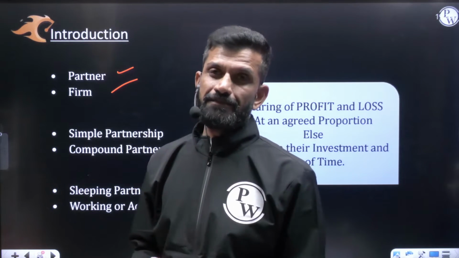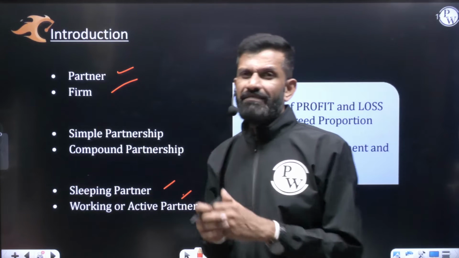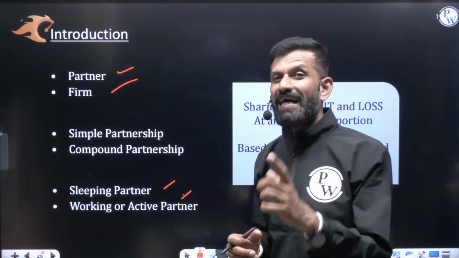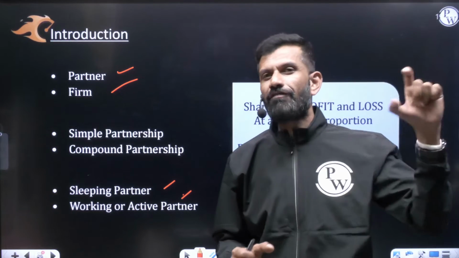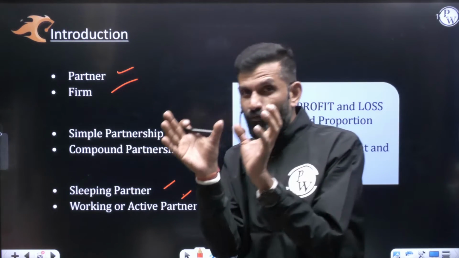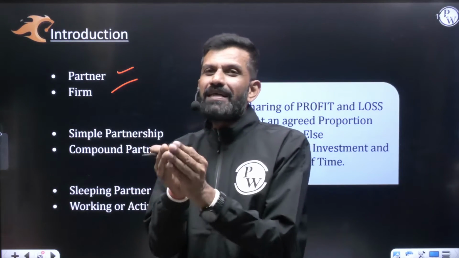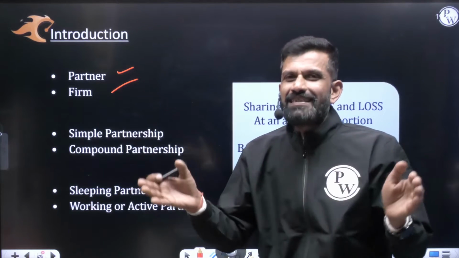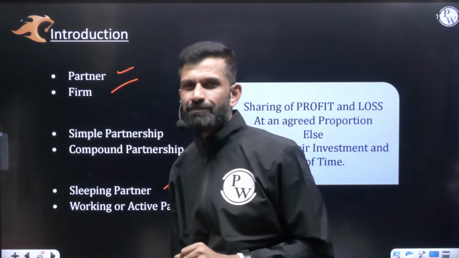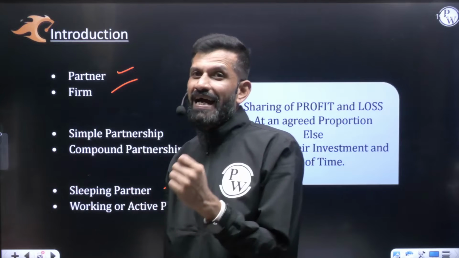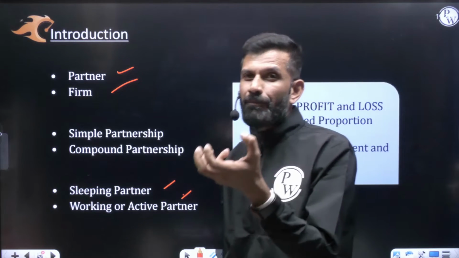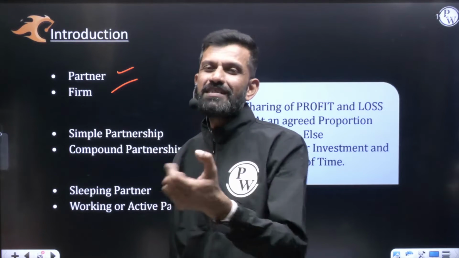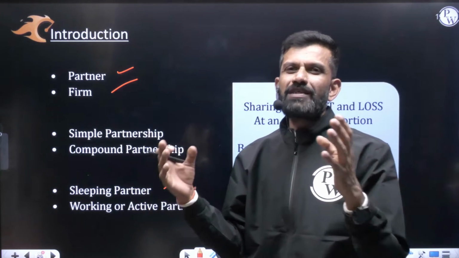Now what is the difference? Whatever profit they will get, first of all, the active partner will get some share of it, some percentage of that profit. Then what is remaining will be distributed among all the 3 partners based on their investment. Because the active partner is working, for that person there should be some part of the profit as a salary, and the sleeping partner is just with the investment.